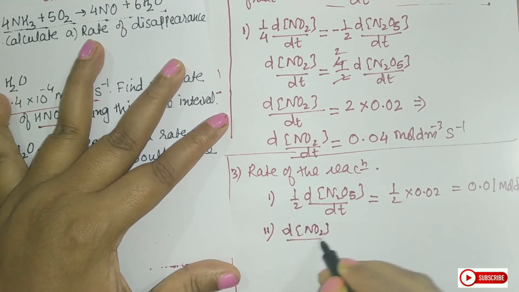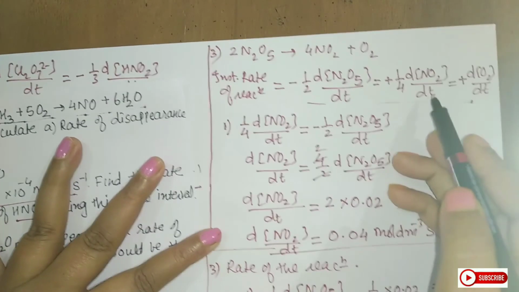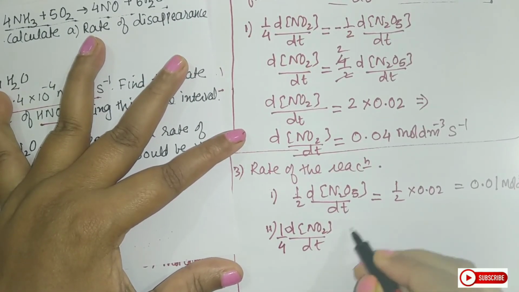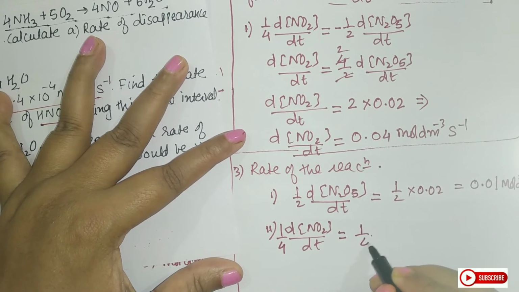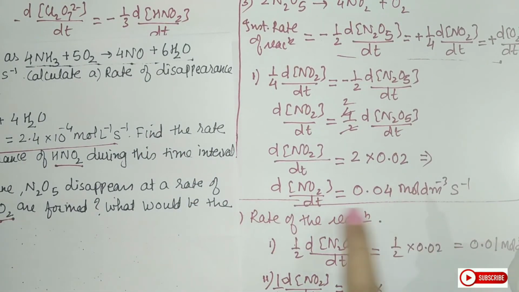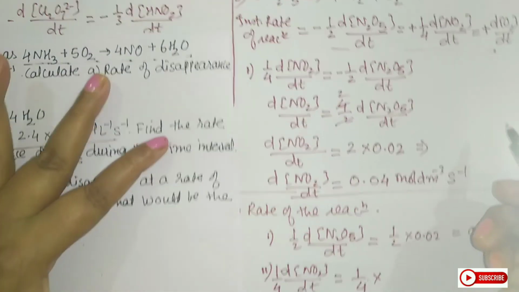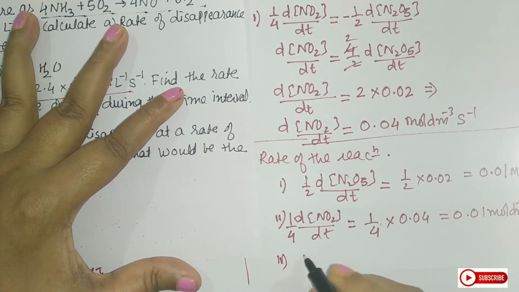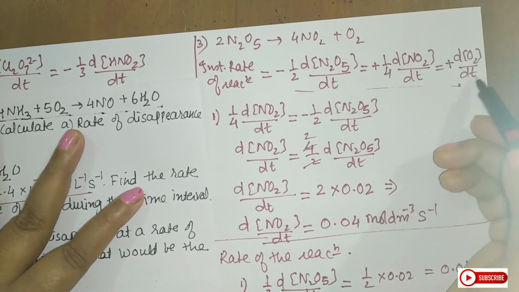If I take this with respect to NO2, what is NO2 in the equation? It is 1/4. So I will write 1/4 multiplied by the NO2 concentration, which you have calculated, students, 0.04. So substituting that 0.04, that will come to 0.01 mole per dm cube second inverse. If I go with respect to oxygen, what is oxygen in the expression?